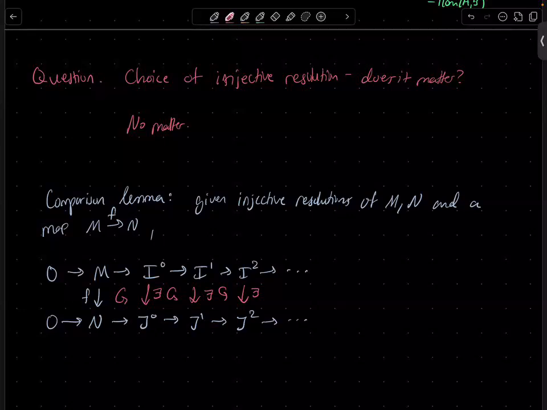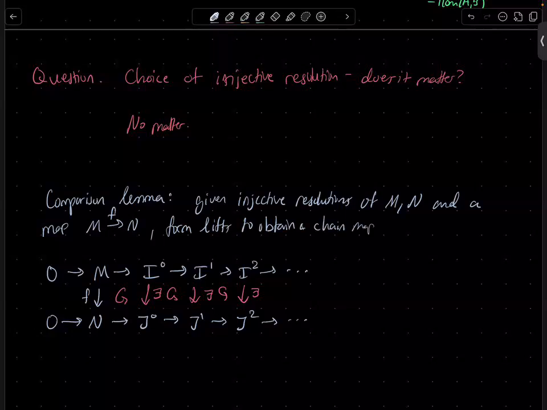That is, all these squares commute. Form lifts to obtain a chain map, f tilde maybe. And so this chain map f tilde is unique up to cochain homotopy equivalence.